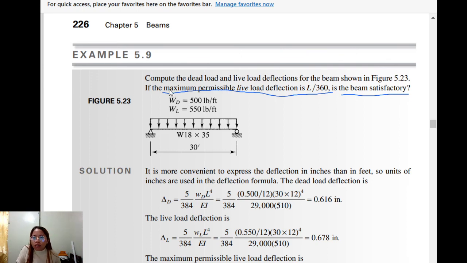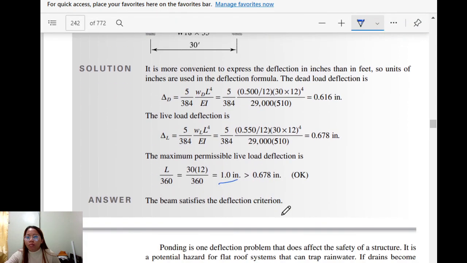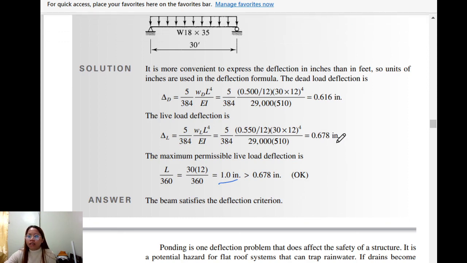And again, we are instructed that the maximum permissible live load deflection means we only have to account for the live load, regardless of the dead load. So if you compare, the live load deflection is 0.678 inch, which is less than the maximum permissible live load deflection.